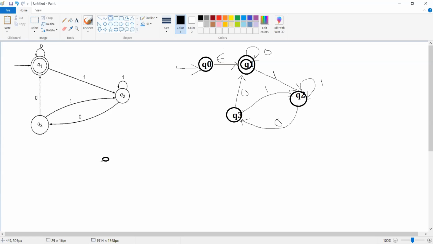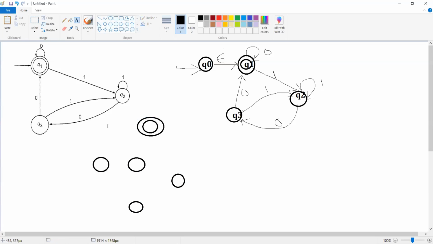So once I introduce that, my transition diagram will be like this. This is Q0, this is Q1, and this is Q2, Q3, and now here I am going to use the new final state, which is Q4. So this is going to be my new final state Q4.